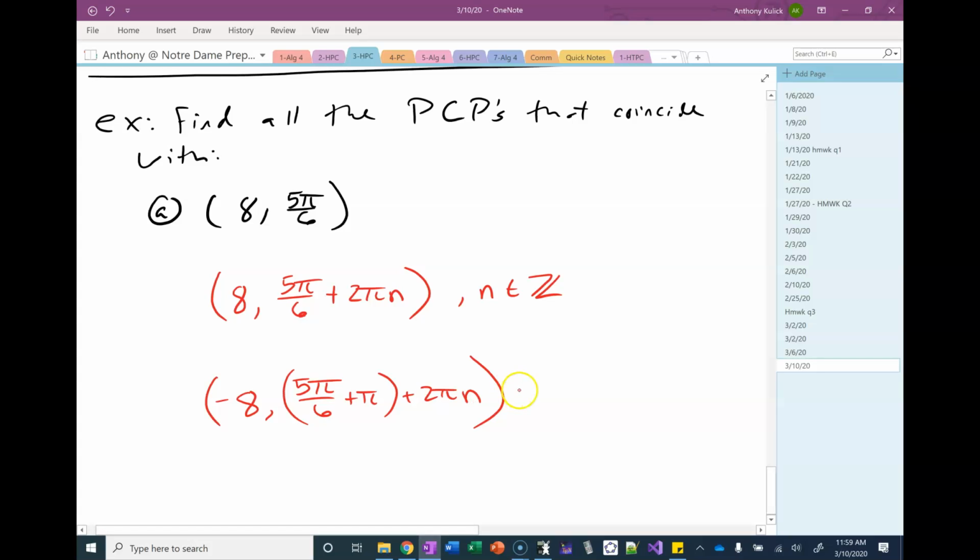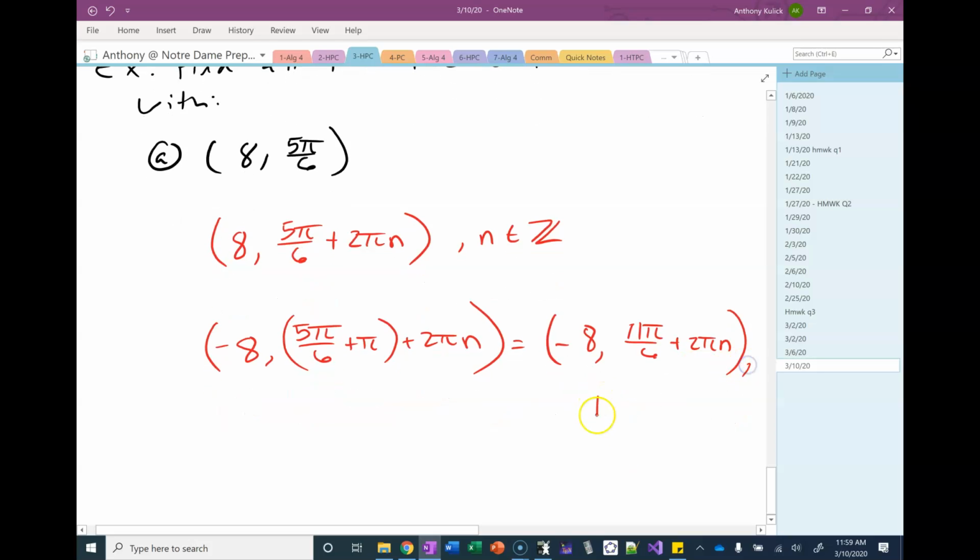So here we can simplify things a little bit. 5 pi over 6 plus pi is just going to be 11 pi over 6. Again, for every n. So those are my answers.